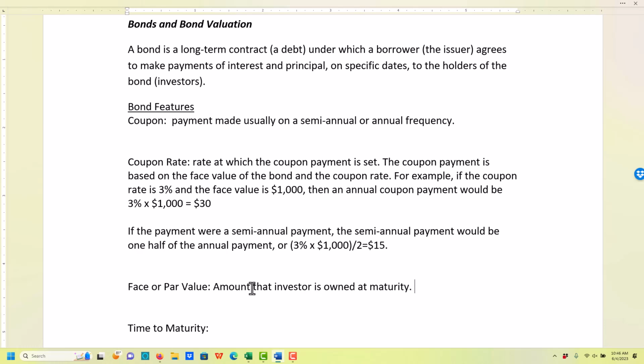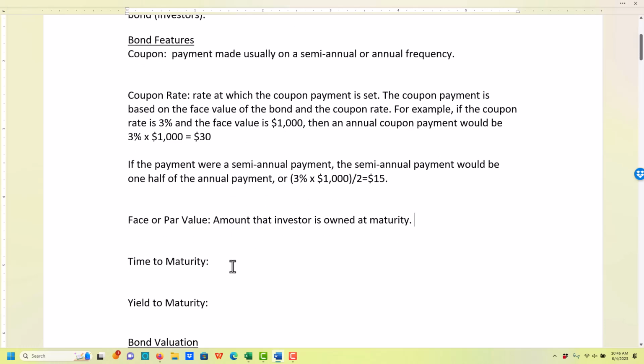So if we have a bond that matures in 10 years and if it has a 3% annual coupon payment, we would get $30 for 10 years, and then at the end of that 10 years we'd also receive the $1,000. The time to maturity is the number of years until the face or par value is due.